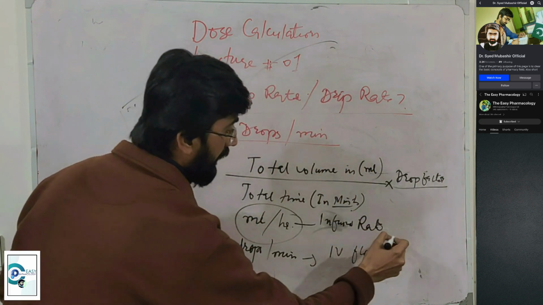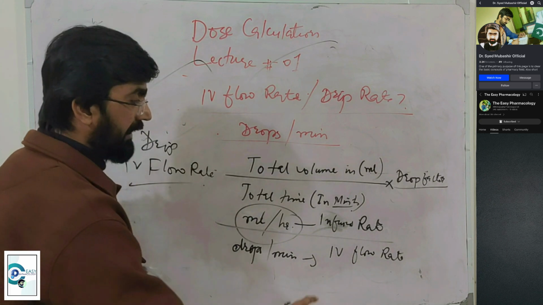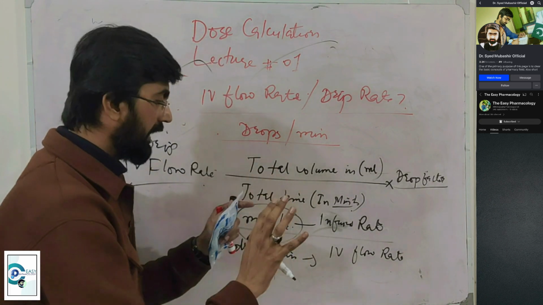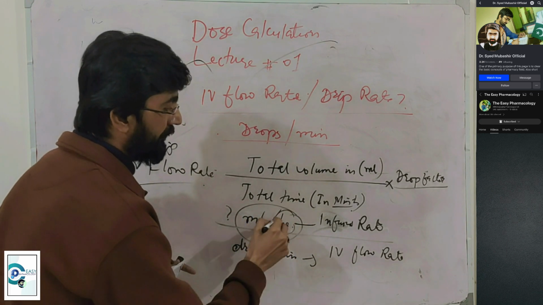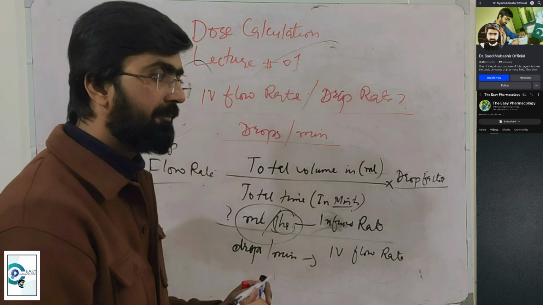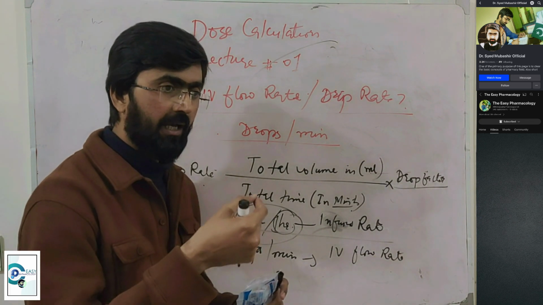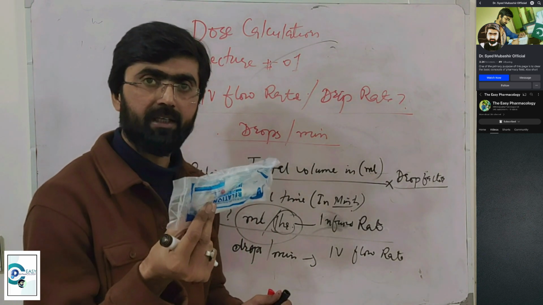There are two things: IV flow rate and infusion rate. The infusion rate tells us that such quantity should be given in 1 hour. But obviously we have to give that IV fluid through this drip set.